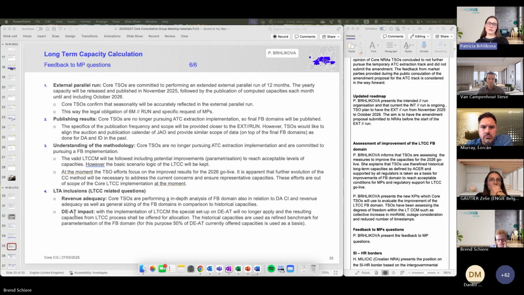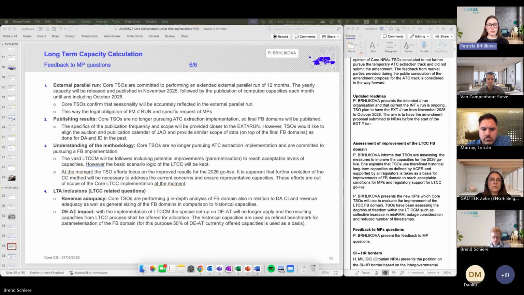And this is part of the exercise for the general sizing of the flow-based domains, but also to understand what is the potential risk and if there are any further improvements needed in the process. But basically, we are really focusing on understanding of what the risk is, if any, and this is part of the exercise at the moment.